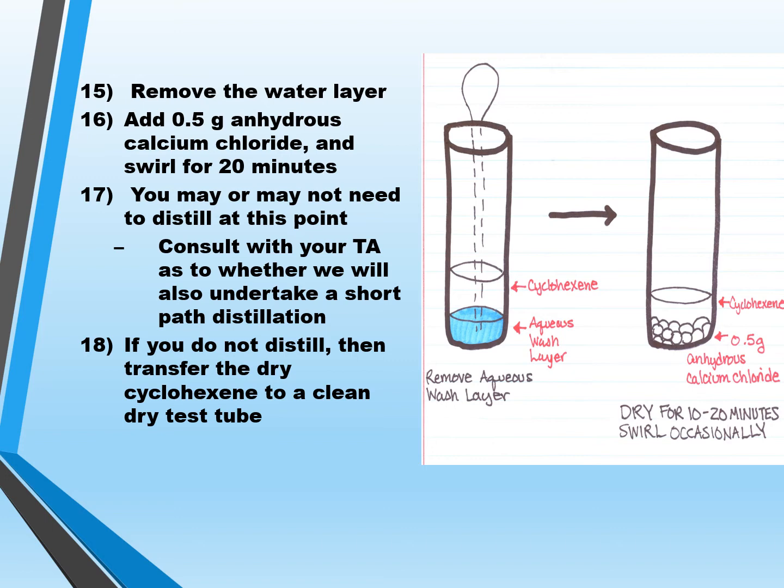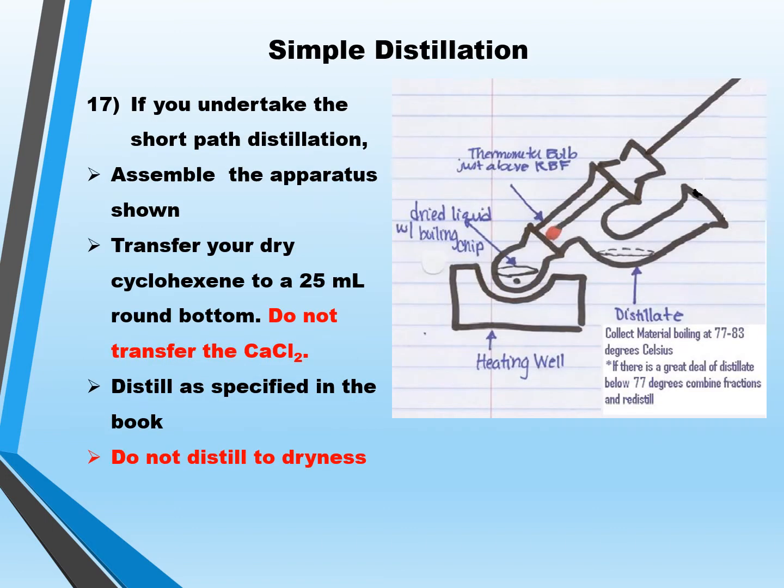In fact, we may not go for the distillation we have done before, but we can do a simple short path distillation, as you can see in the slide, by transferring the product liquid into the round bottom flask and heating it for some time, and then we can recover our pure distillate, just like you're looking at in the slide.